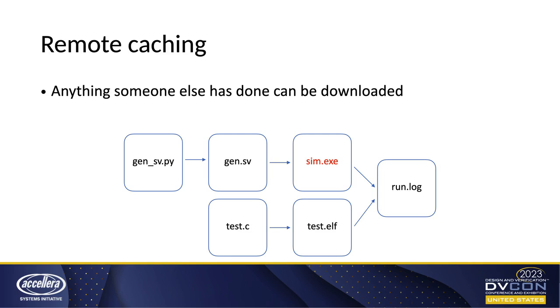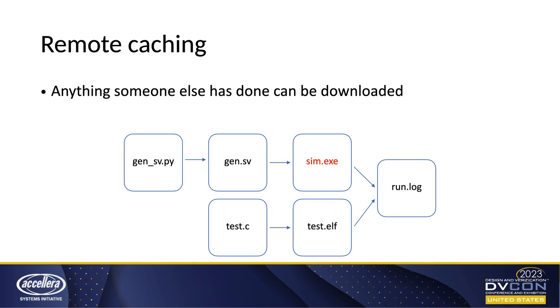Another feature I mentioned was remote caching. Let's say someone has already checked out this repo, has already built sim.exe. Bazel can download that for you. Now, how does it do that? Well, you need to set up a remote cache, which will be a server or a server-like thing, and you point your local Bazel instance to that server on startup.